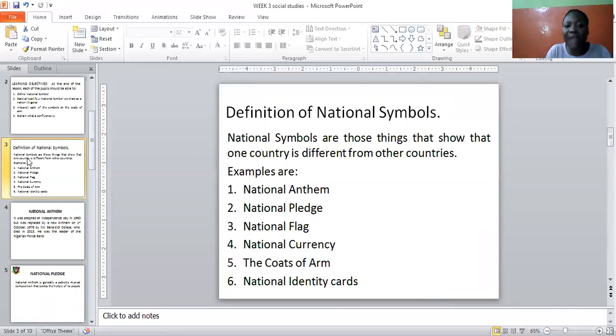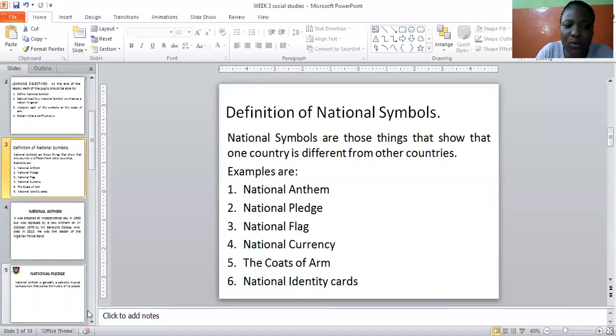Other countries also have their own national anthem, national flag, national pledge, and national currency. I mentioned pounds, sterling, euro. They have their coat of arms too. When you see our military forces, there will always be a coat of arms on their uniform, telling them that this is a person from this country.